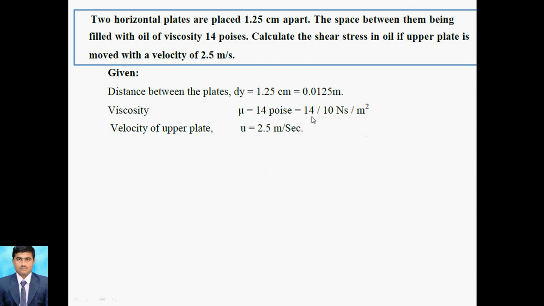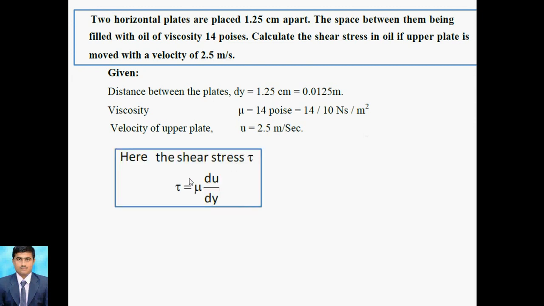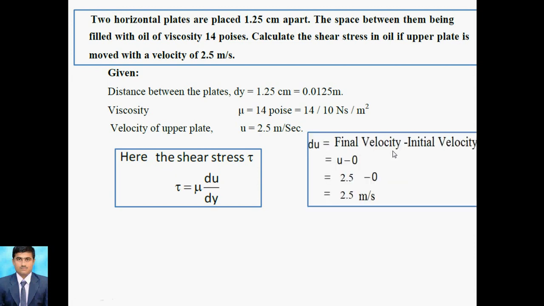Now we know the popular formula, shear stress tau is equal to mu du by dy. Now we put the value of mu, then du, the change in velocity, which is final velocity minus initial velocity. After finding du, we put the du value, the dy value, and the mu value, 14 by 10, that is 1.4.